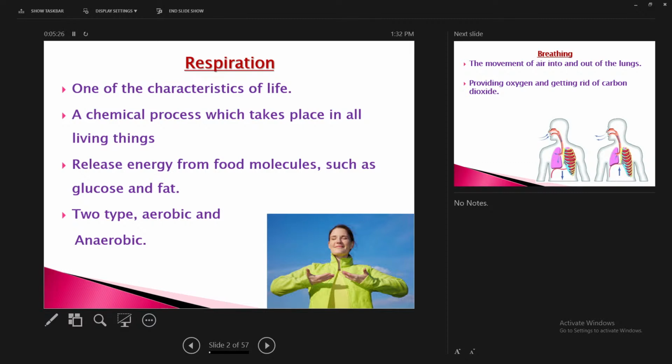The main difference between these two is that for aerobic respiration, oxygen is needed to help with the release of energy, while for anaerobic, oxygen is not needed. That is just one main difference between both types of respiration.